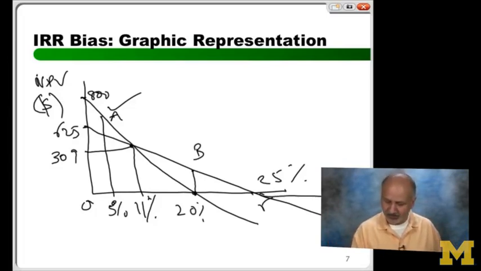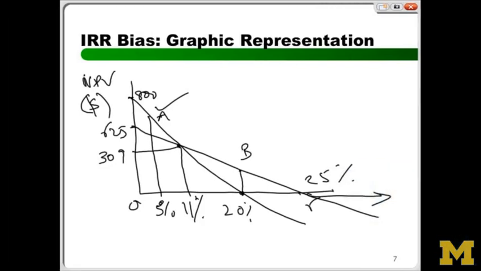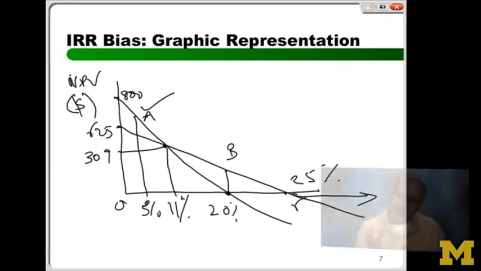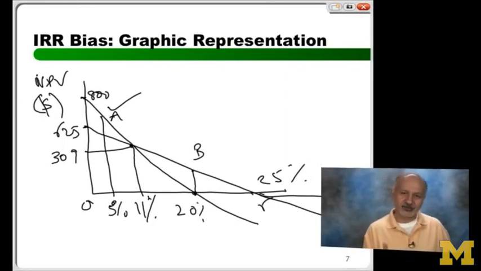Answer is more than 25%. Because if the discount rate is more than 25%, and remember the discount rate little r is what the competition is earning. It's not easy to calculate. We'll spend a whole bunch of time on that when we do risk and return. But the point I'm saying is that it's the most important ingredient to decision making. So if the discount rate is more than 25%, you won't choose either.